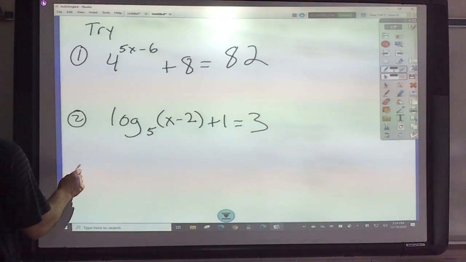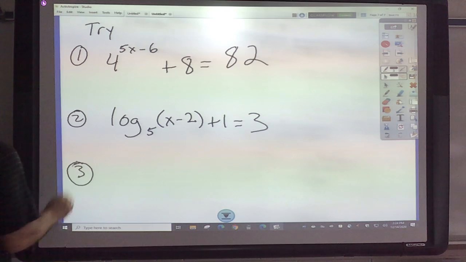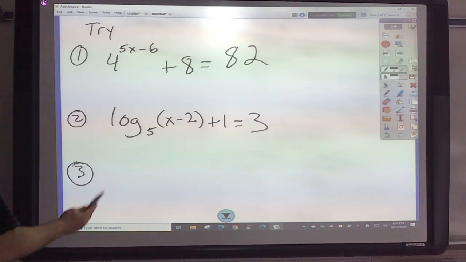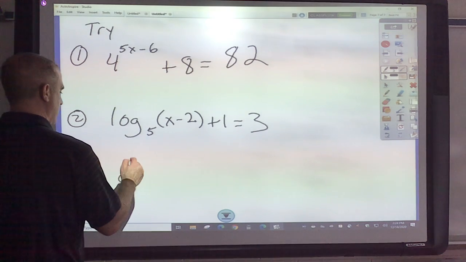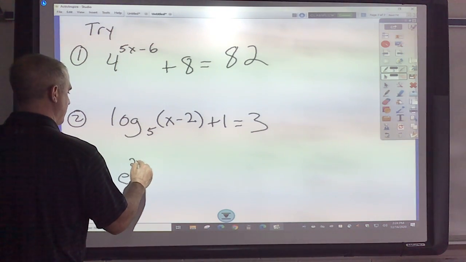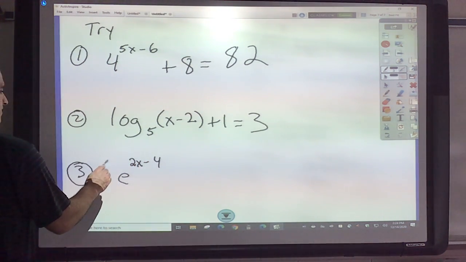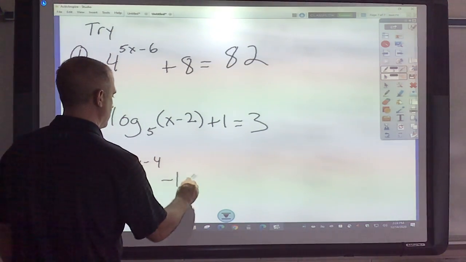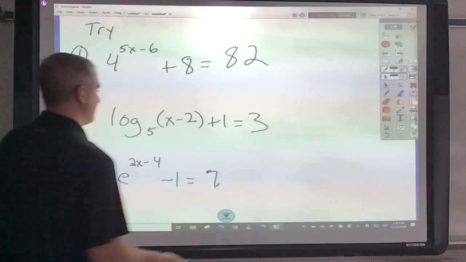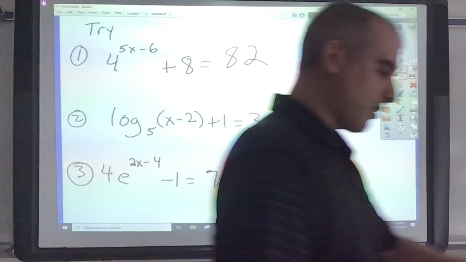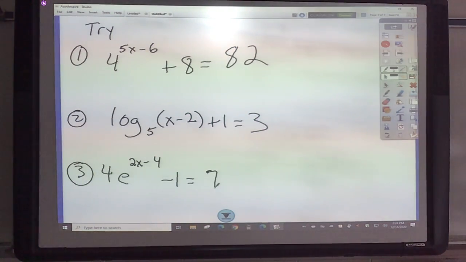And then e to the 2x minus 4, with a 4 here, minus 1 equals 7. So go ahead and work on those problems. Go ahead and pause your video and work on those.